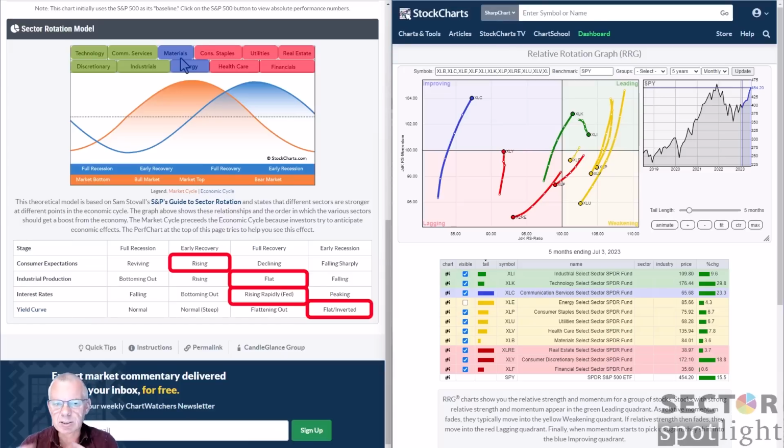Right now, the sector rotation model is pretty clearly telling us that we are in a bull market, in the later stages of an early recovery. I hope that makes sense.